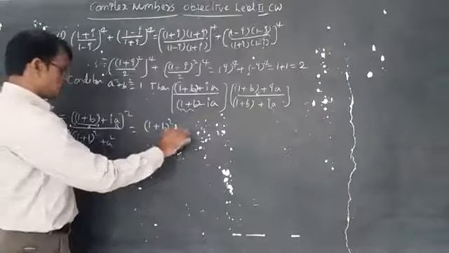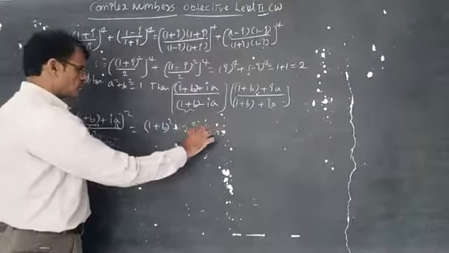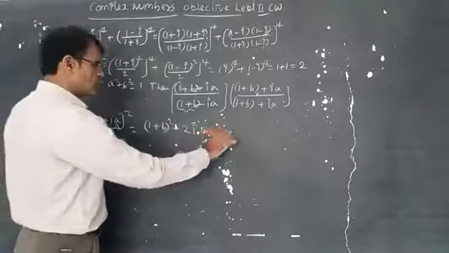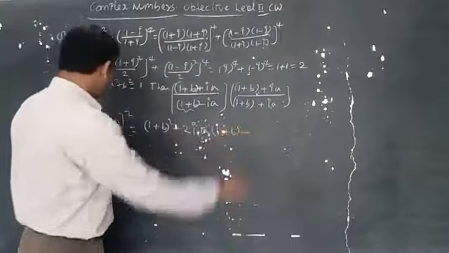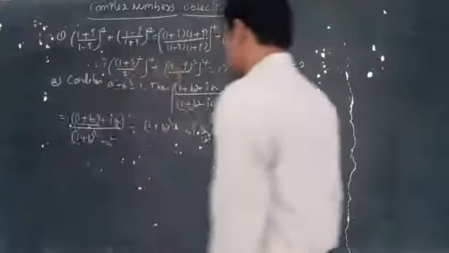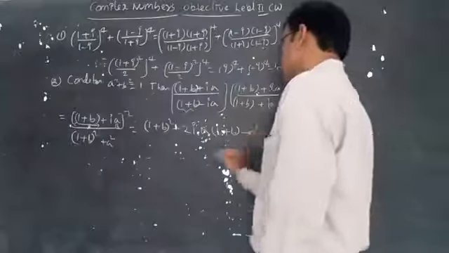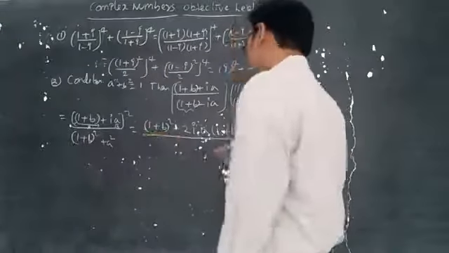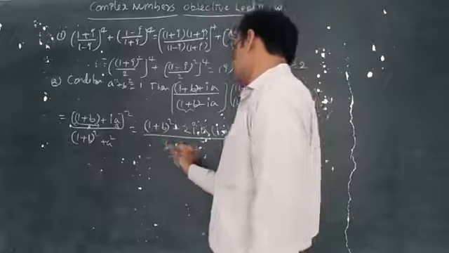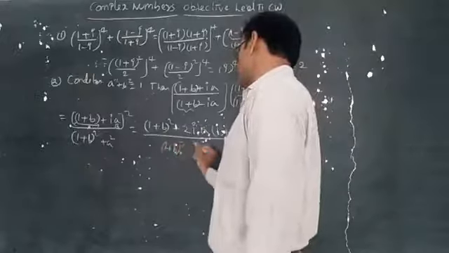So this is (1 plus b) whole square plus 2ia into (1 plus b) plus i square a square becomes minus a square, we can write. Denominator directly we can write (1 plus b) whole square plus a square.